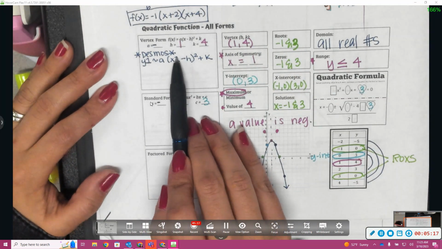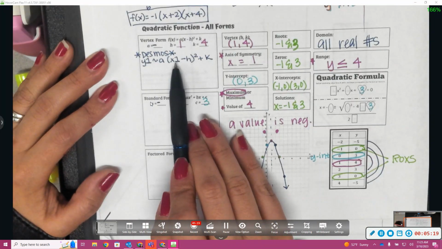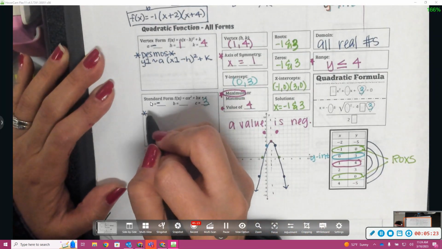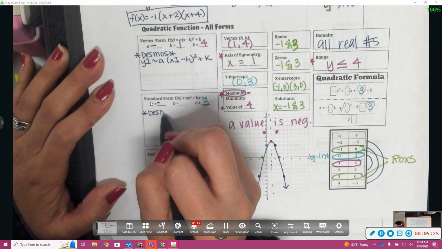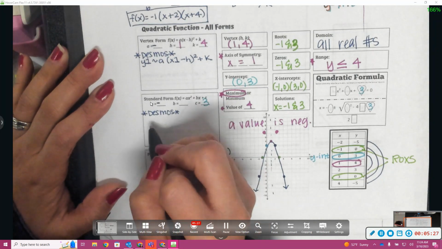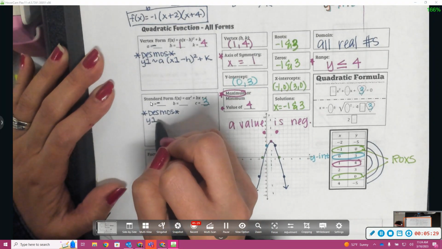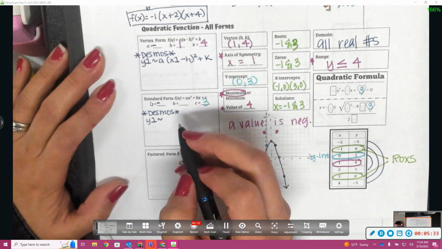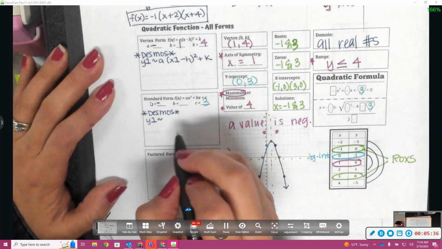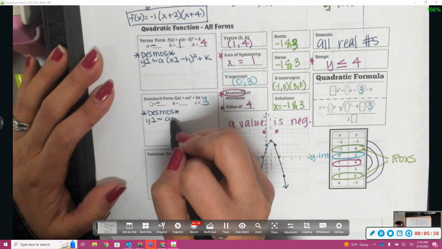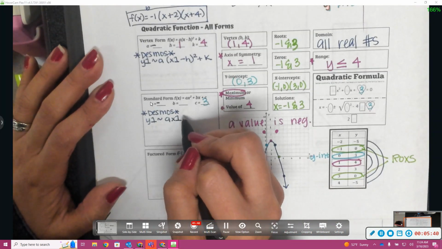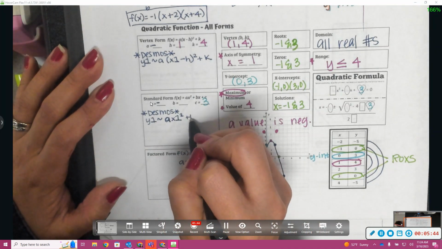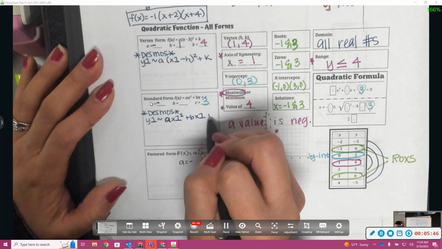Notice my y and x has a 1 next to it, and we'll go over that in a little bit. Standard form, if I wanted to put that into Desmos, would be y1 squiggle. Y is just replacing the f of x in order for Desmos to do the math for you. So a x1 squared, that's an a, plus b x1 plus c.